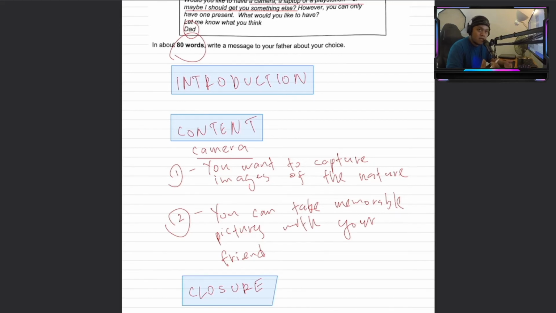Just try to memorize good intros and good closures, which you can use all the time. Like usual, in your introduction, the most important thing that you need to remember is to write down your choice. Over here you choose camera, right? This is compulsory. If you didn't specify your choice, then it's going to be wrong.